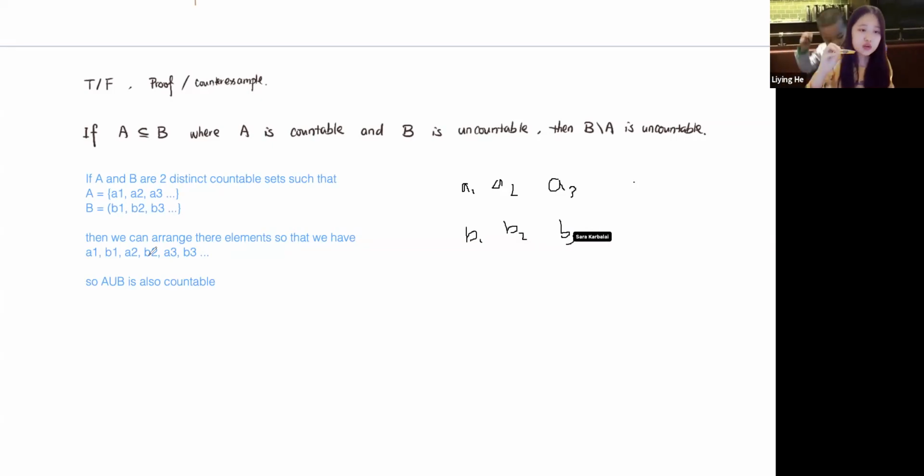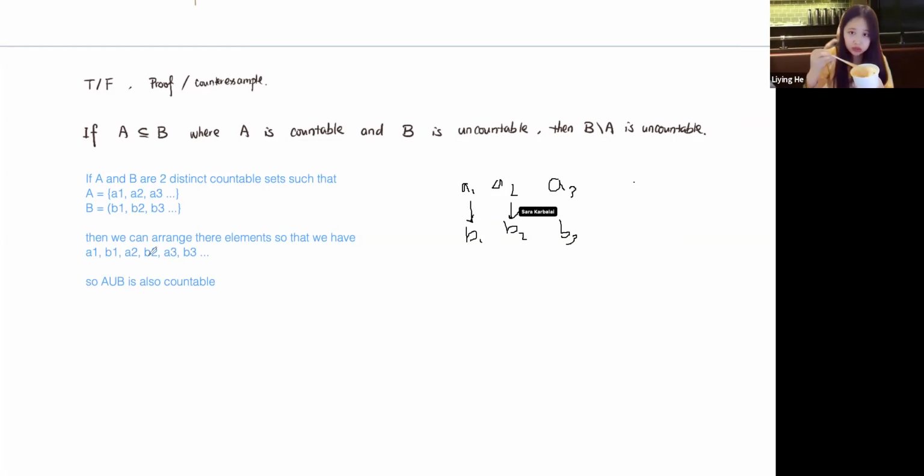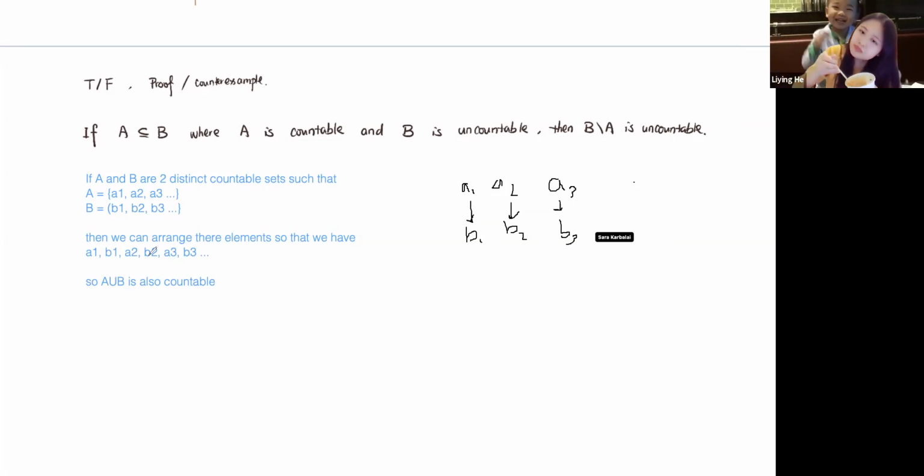Yes, from N to A union B. Mm, not really, Sarah. You need to show the bijection from natural numbers to A union B, not A to B.